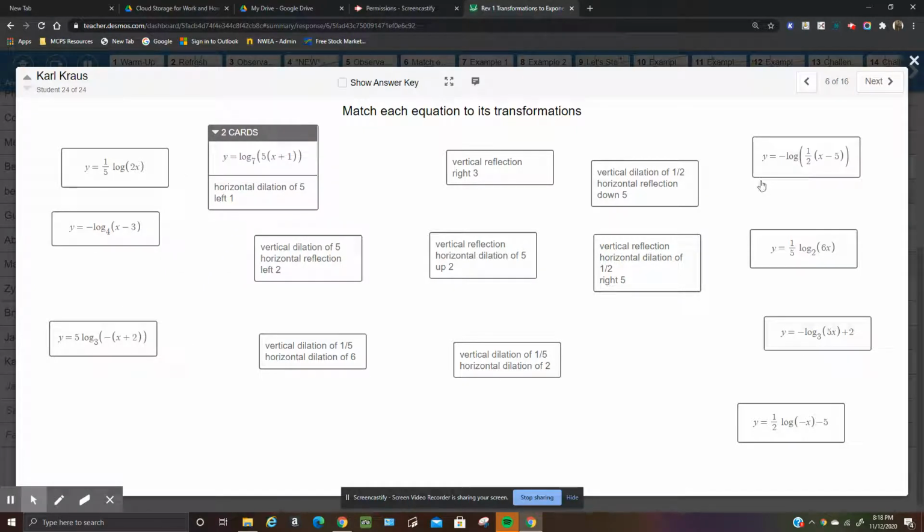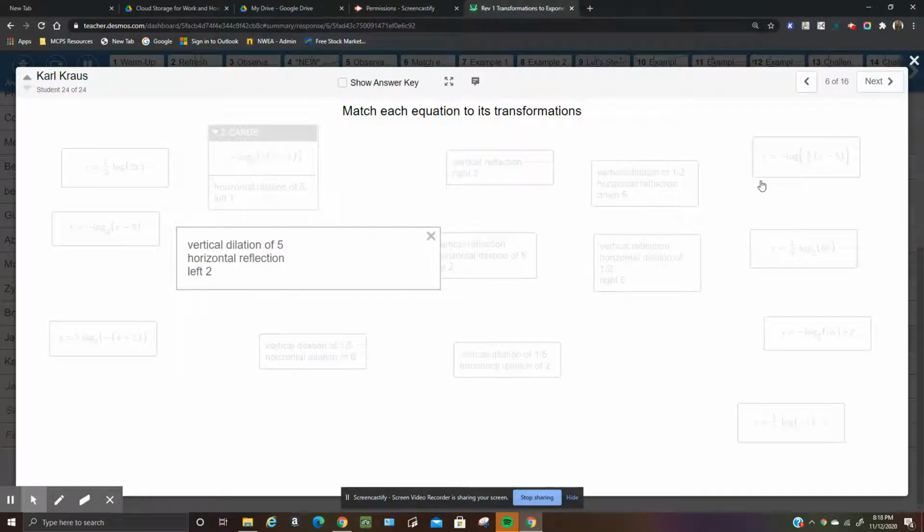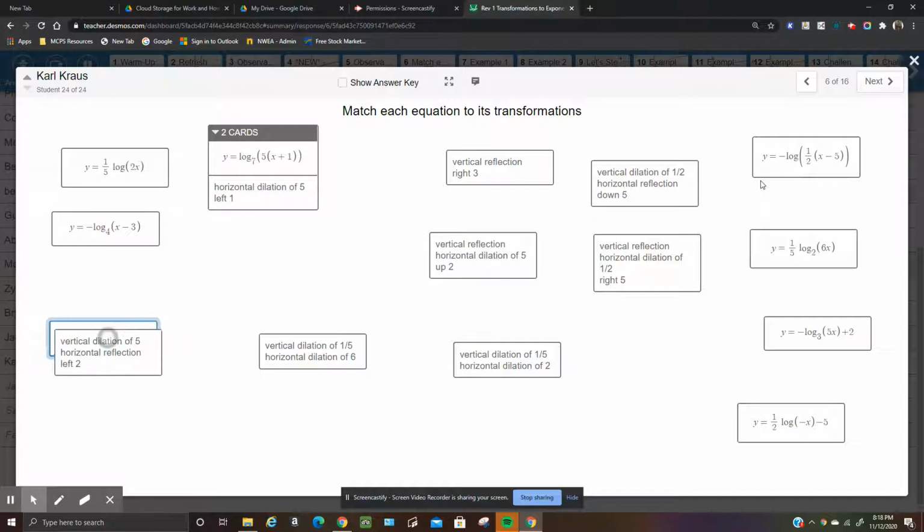And then vertical dilation of 5 and horizontal reflection left. Those 3 things here: vertical dilation of 5, horizontal reflection, and left 2. So that's this one. Whoops. Reduce that.